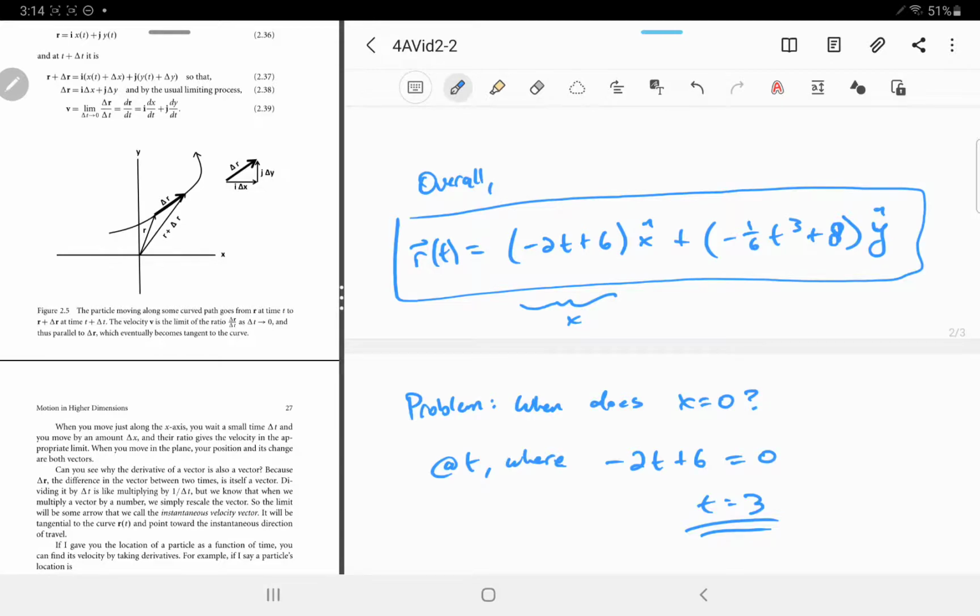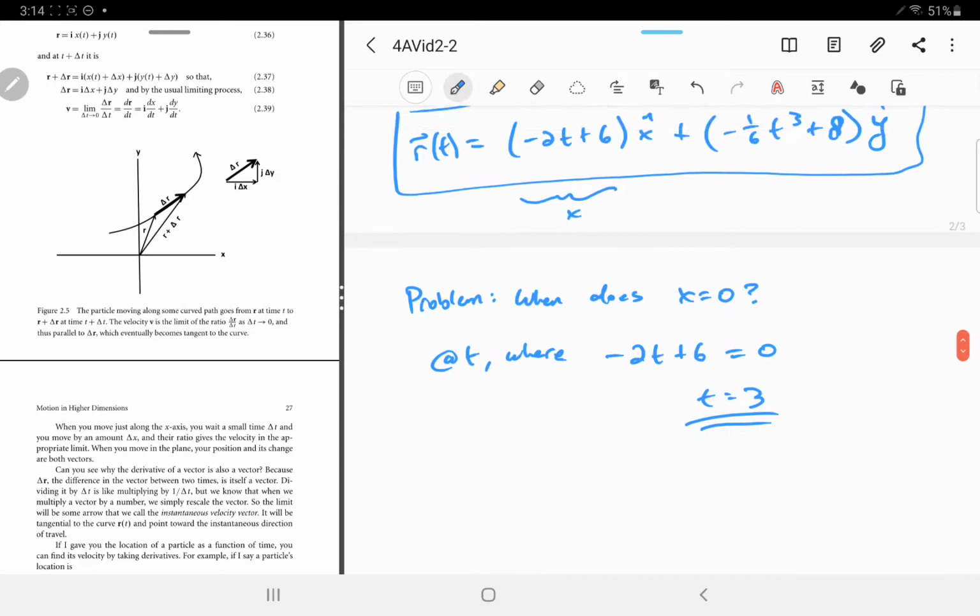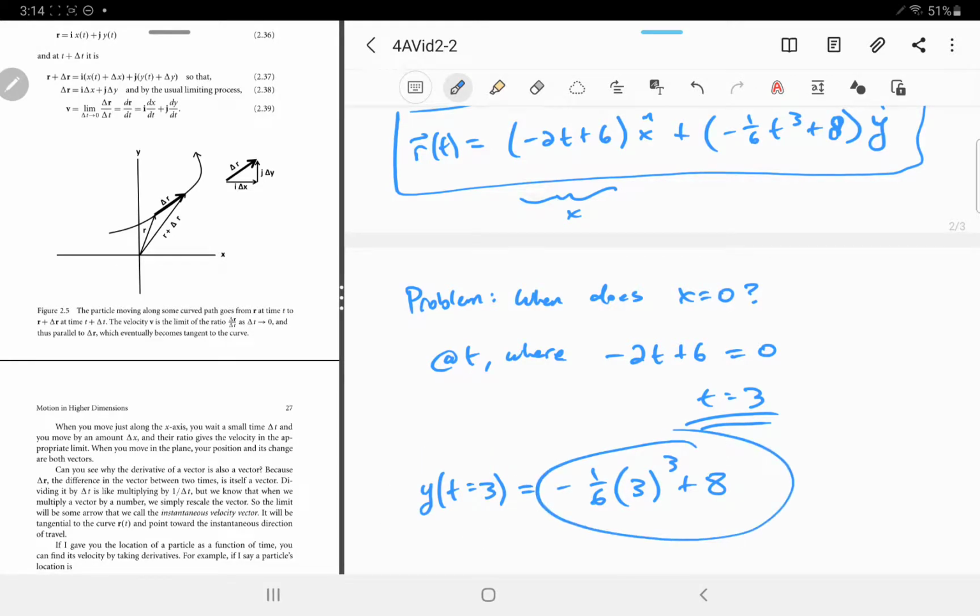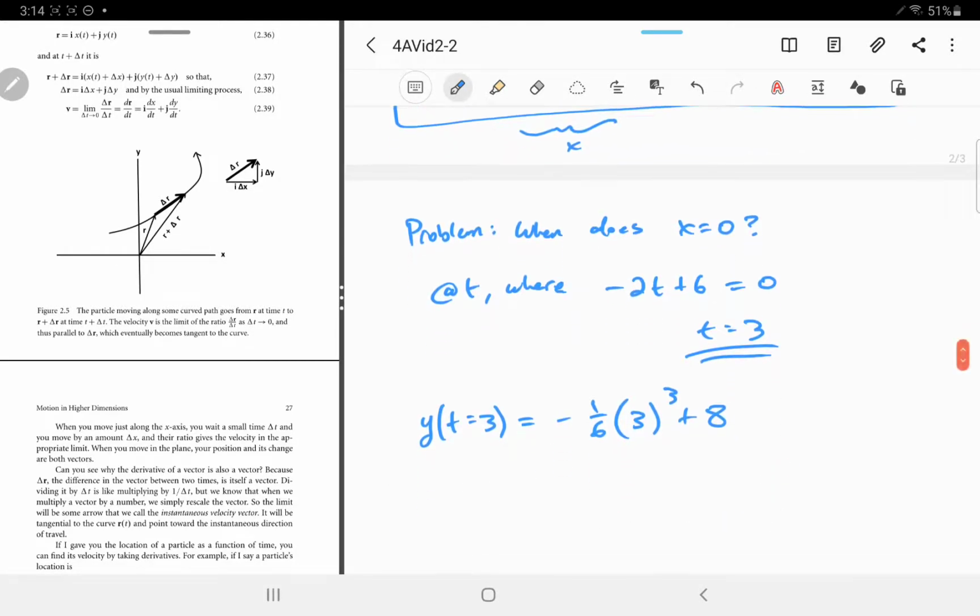So that's when x equals 0, and the question is asking, what's the y coordinate? You know, where is it going to cross the y-axis? So if we plug in, y at t equals 3 is negative 1/6 times 3 cubed plus 8. And notice how this side is not a vector. It's just the y component. So I don't need a vector on this side right here. So 3 cubed is 27. Divided by 6 is 4.5.